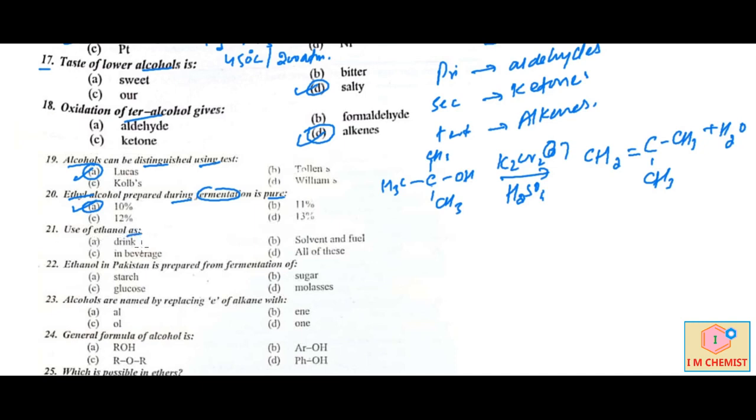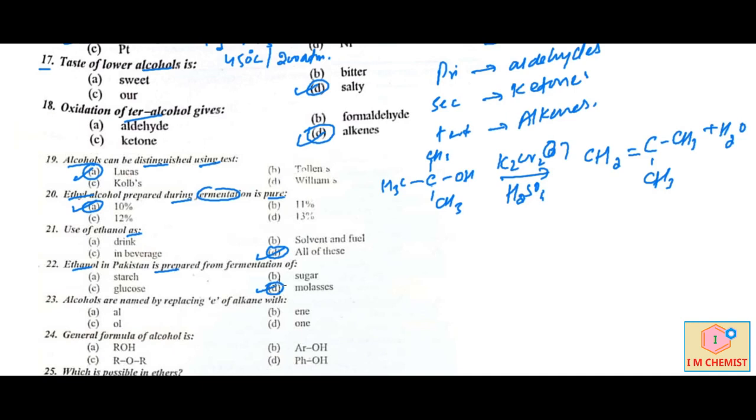Use of ethanol: ethanol can be used in drinks, as a solvent, in fuels, and in the beverage industry, so option D is correct, all of these. Number 22. Ethanol in Pakistan is prepared from fermentation of what? In Pakistan, ethanol is basically prepared from the fermentation of molasses, so option D is correct.